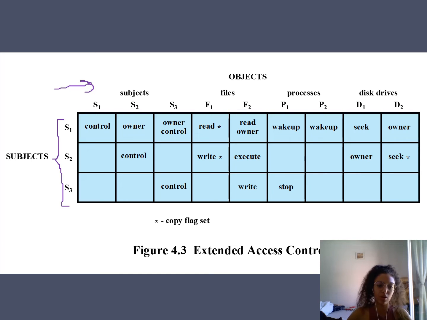To represent the protection state, we can extend the universe of objects in the access control matrix to include, first of all, processes, in which access rights include the ability to delete a process, stop or block it, and wake up the process. We also have devices, where access rights include the ability to read and write the device, to control its operation, and to block or unblock the device for use.